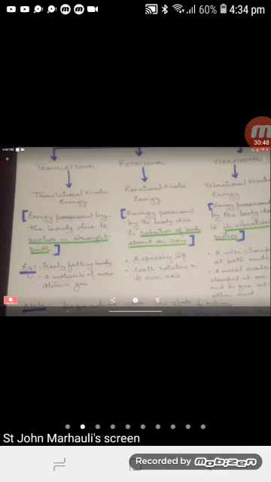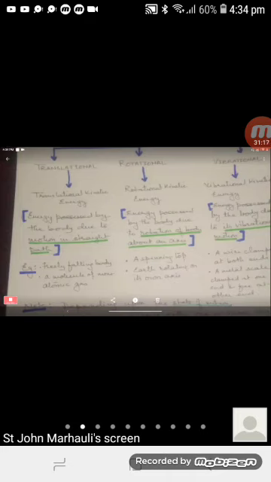Similarly, rotational motion will give rise to rotational kinetic energy, and vibrational motion will give rise to vibrational kinetic energy. So these are the three basic forms of kinetic energy. Whatever kinetic energy they possess, in general we will just say kinetic energy, unless specifically asked to mention which type.